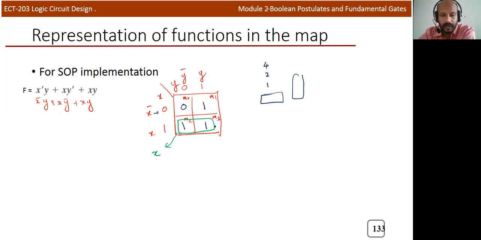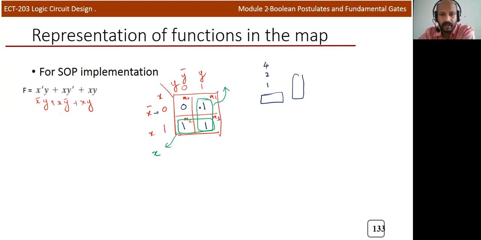And now there is one more one, so you can group this one, M1 and M3. So we'll get a group of 2. Now I need to write the min term corresponding to this group. Row wise, there is X bar and X, so there is no common term for this group.